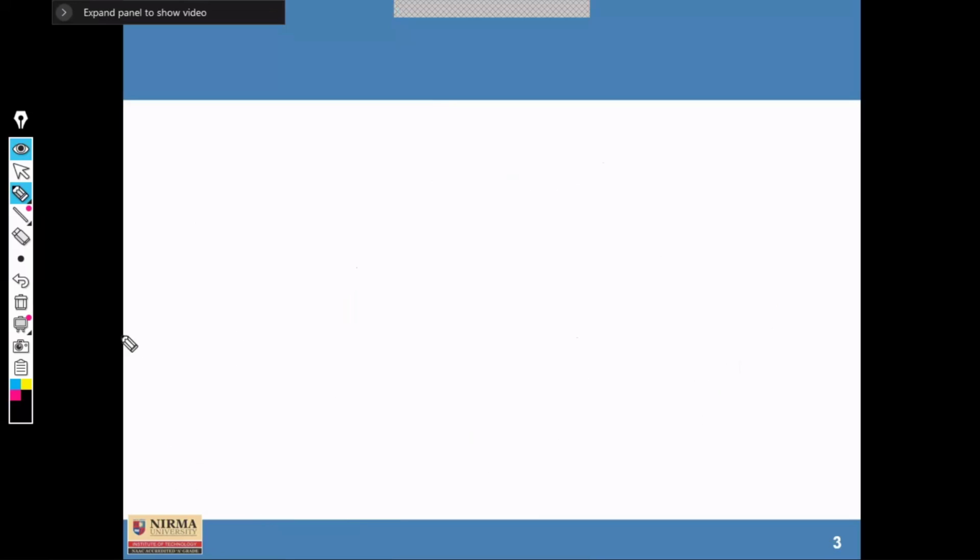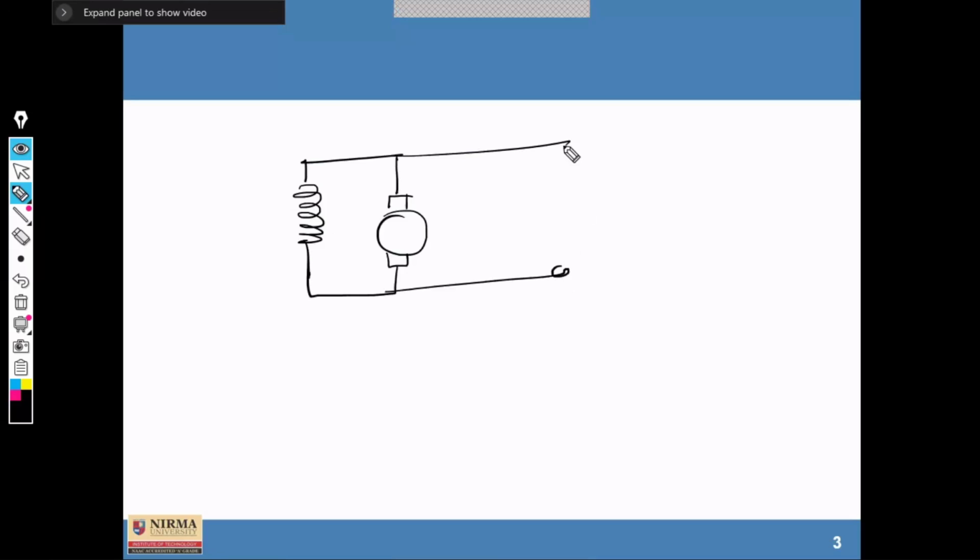And there are certain applications where we need variation of speed. So suppose there is a shunt field winding, and this is a shunt motor. Clear? Say for a shunt motor, for example.